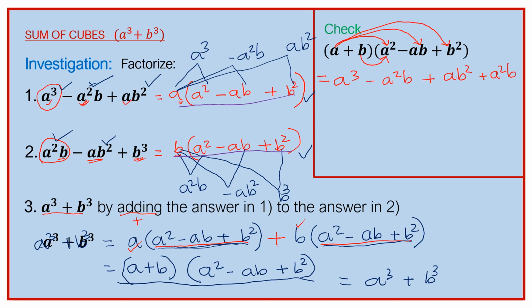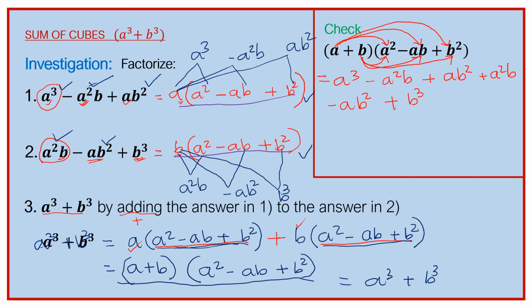Then I get b times minus ab, I'll get minus ab squared. Then I get b times b squared to get plus b cubed.